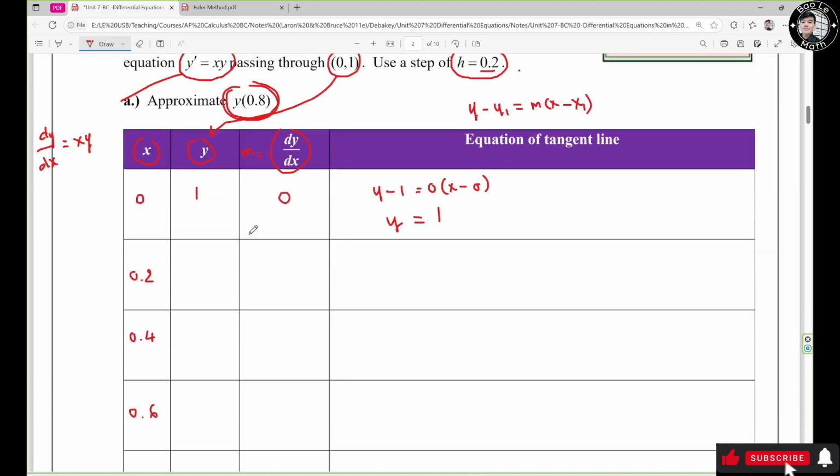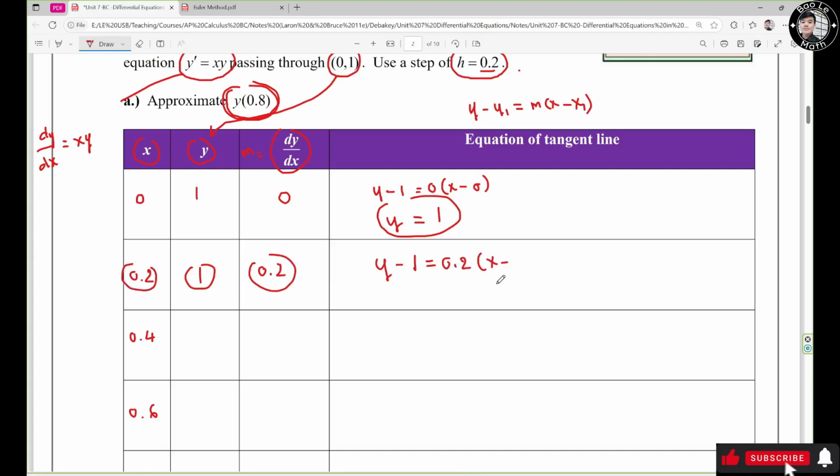Now you just got the new value of y, so you put y over here, which is 1. Now m equals dy over ds, which is s times y, so it is 0.2. Now you have y minus y1, which is 1, equals the slope 0.2 times s minus s1.